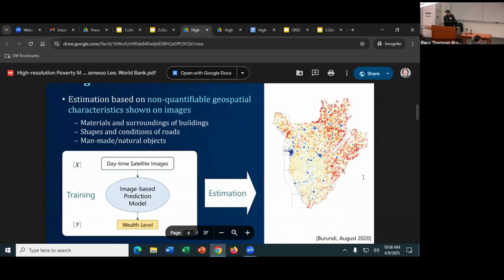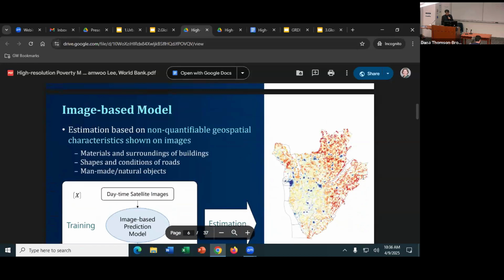The second category is the image-based prediction model. The image-based model uses satellite images or aerial pictures to capture non-quantifiable geospatial characteristics. Through the training, this type of model learns image characteristics and how they are related to wealth level.